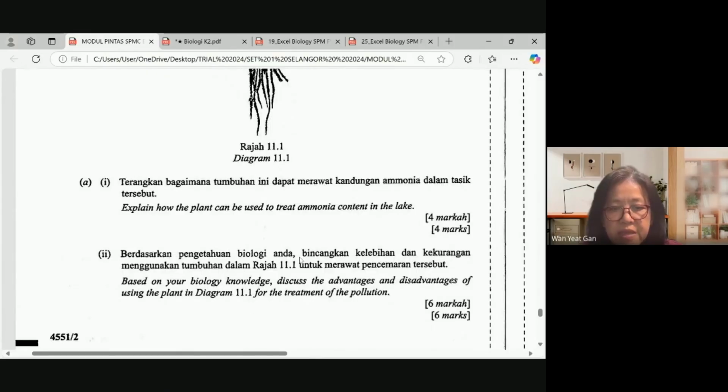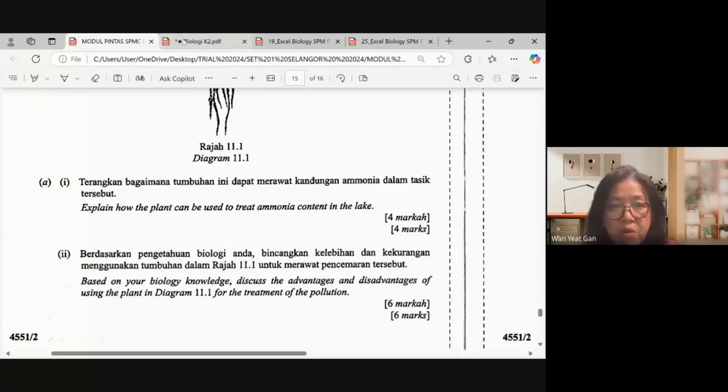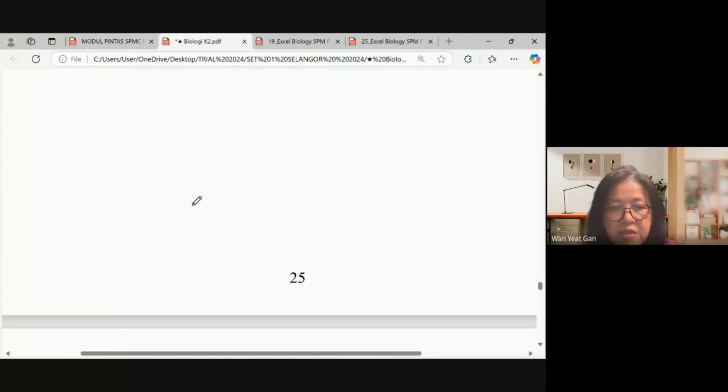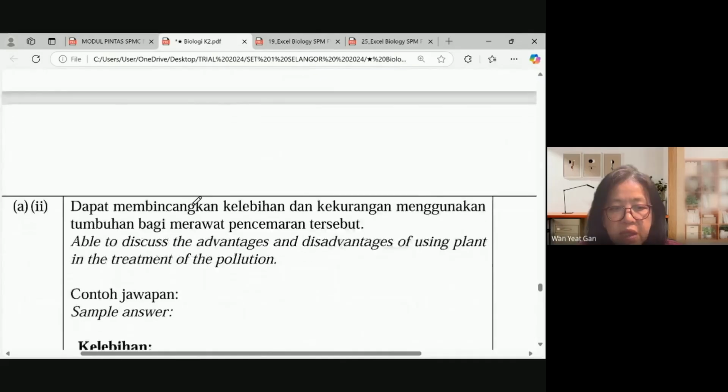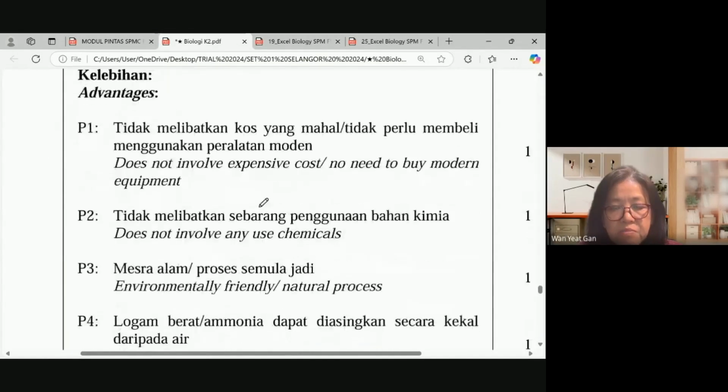Okay, next, based on your biology knowledge, discuss the advantages and disadvantages of using the plant for the treatment of the pollution. Now, the advantage is that with this plant, you don't have to, of course, use chemical ways to treat the pollution.